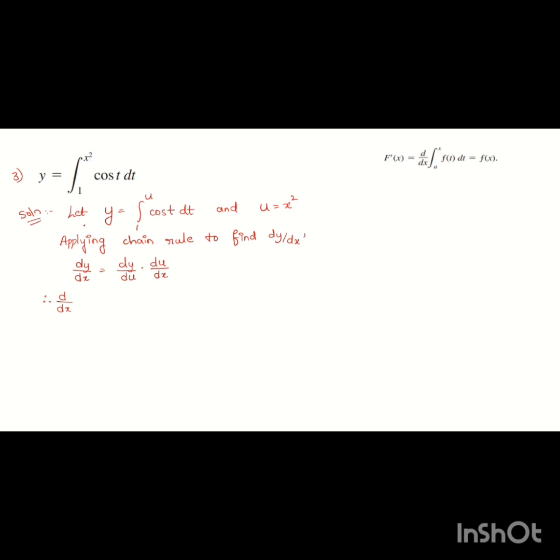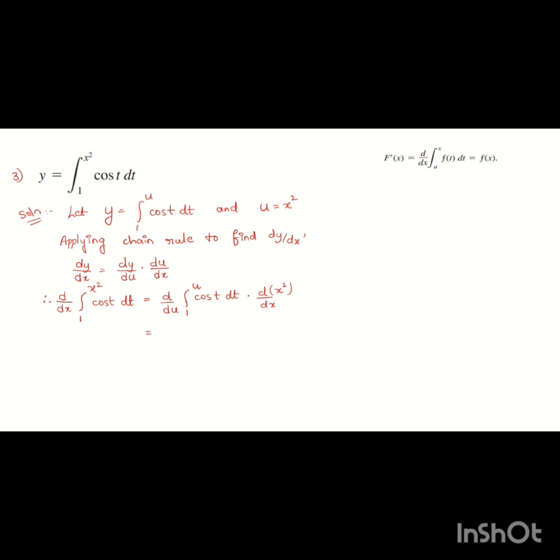d/dx remains the same. The y value we know from the question: it is the integral from 1 to x square of cos t dt. So that equals d/du of, whatever y we have taken in terms of u will be replaced here, the integral from 1 to u of cos t dt, multiplied by d/dx of x square.